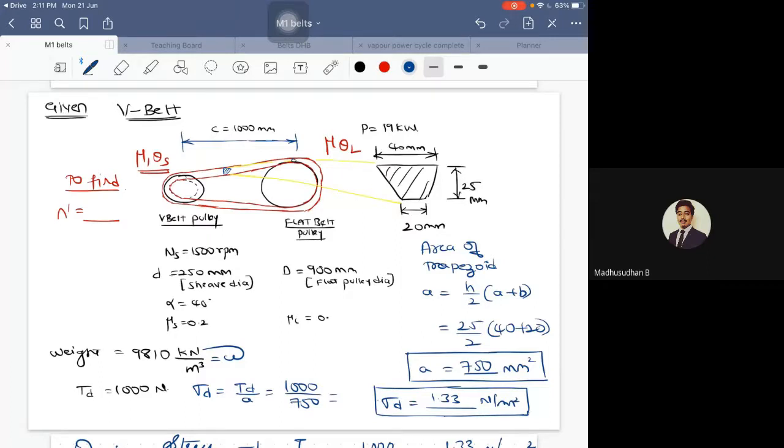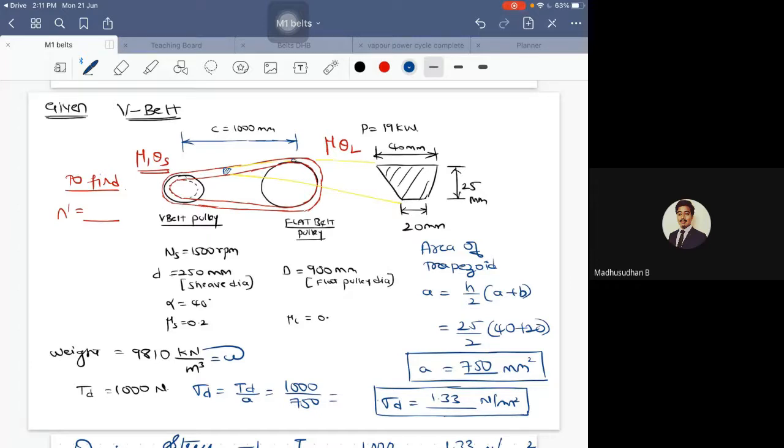Only diameter, or if the thickness is given, whether you will consider thickness or not? That is my question. We have to consider both the things. If the thickness is given, definitely you have to consider the value of thickness, isn't it?